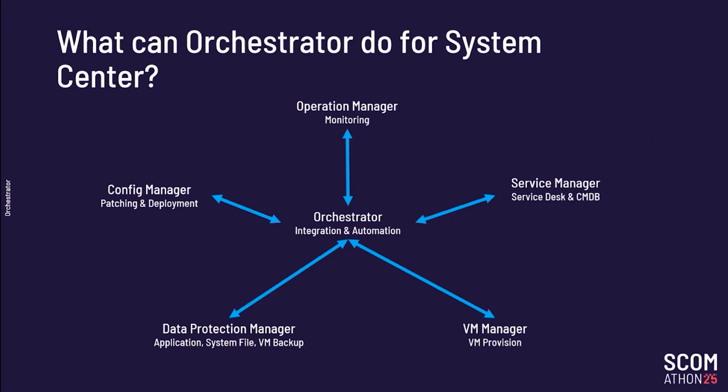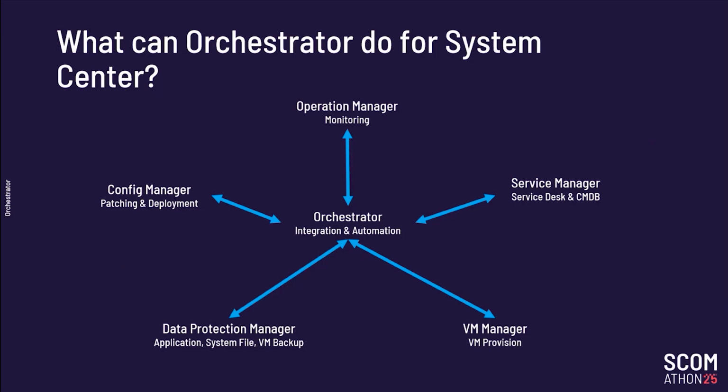So Orchestrator has what are called integration packs for Operations Manager, Service Manager, Virtual Machine Manager, Config Manager, and Data Protection Manager, and they're bi-directional, so we can actually pass information from one tool to another to drive and automate end-to-end processes. From an Operations Manager point of view, we can pick up alerts in Operations Manager and allow them to integrate into other tools.